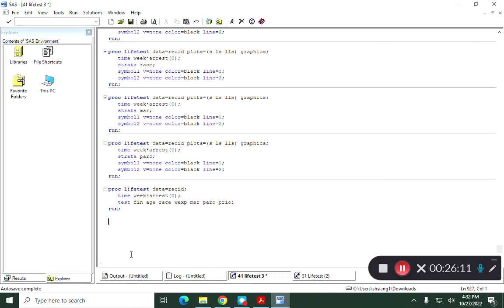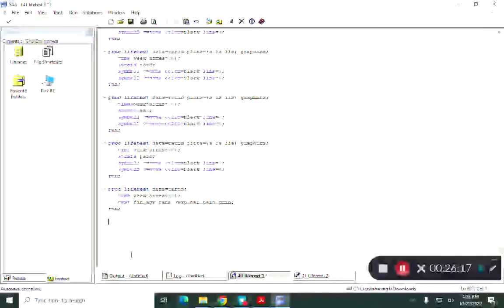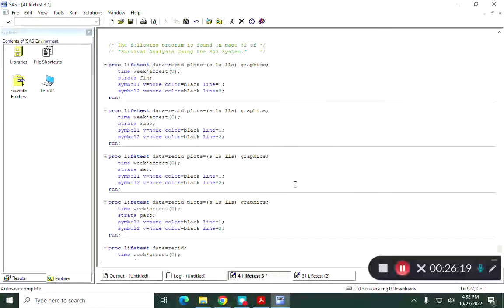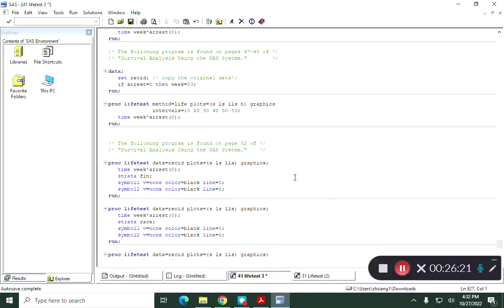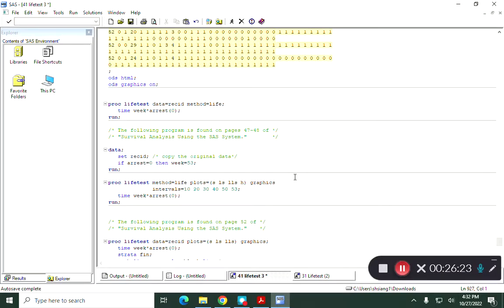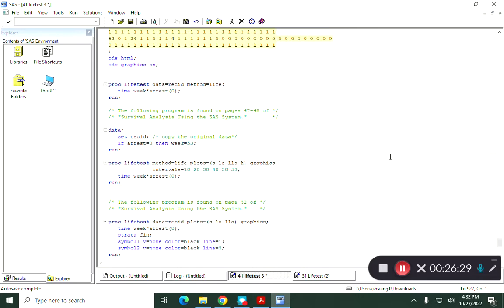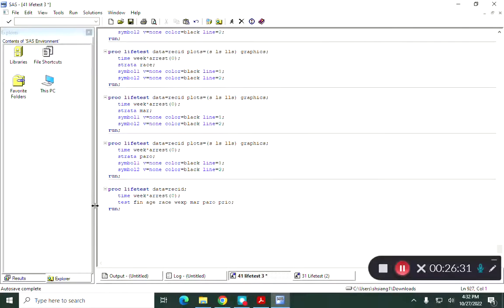You want to do some plotting and explain what's going on. With me now? Yeah. Okay. So we're doing the same thing here. And so I created a 41 live test 3. This time we're doing multiple comparison with this data set. Make sense? Okay, we'll run it.